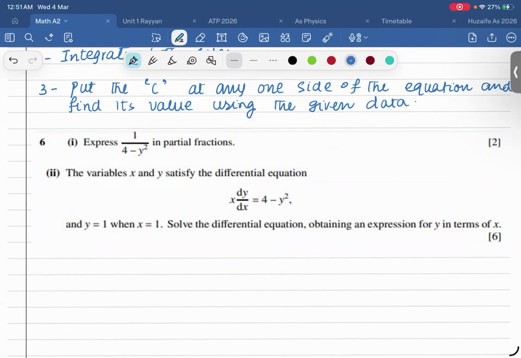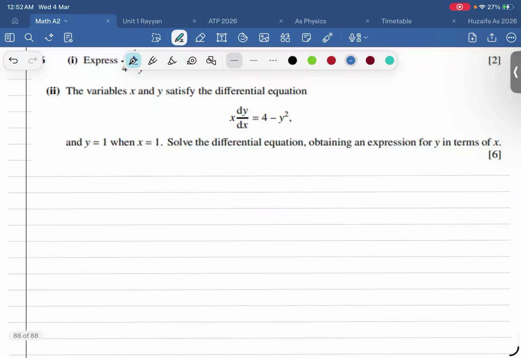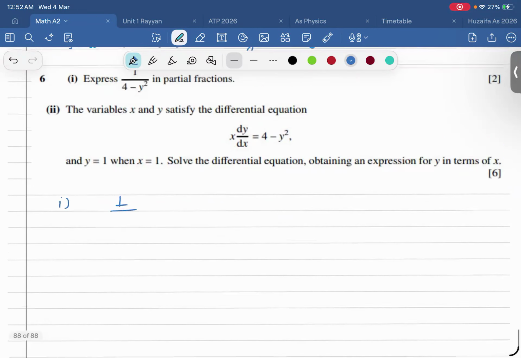And this is basically the integration or differential equation related with the partial fraction. Okay. So, you know that if I have part one, if I have 1 over 4 minus y squared, right?